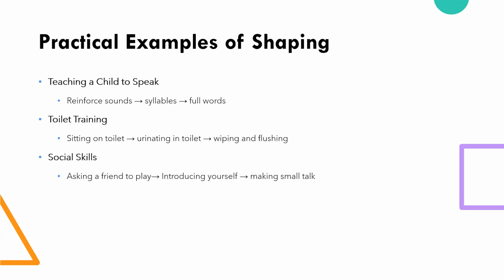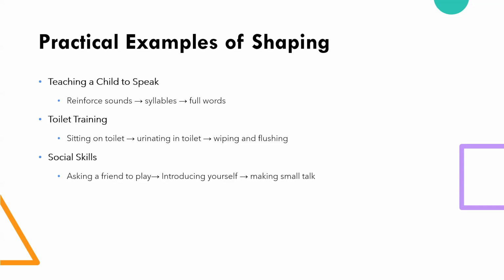One of the things I'm doing right now with shaping is trying to shape social skills. With my client, I started with having him ask a friend to play, and I would reinforce each time he asked a friend to play because he had some anxiety and struggled a little bit with that at the start. As he got confident with asking a friend to play, we started slowly introducing the second part of that, which was introducing yourself.